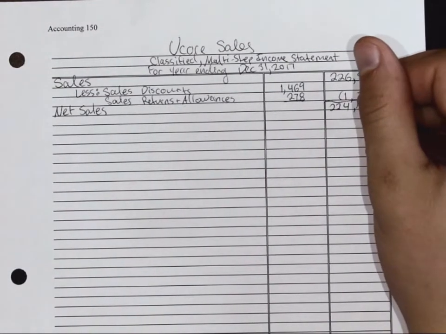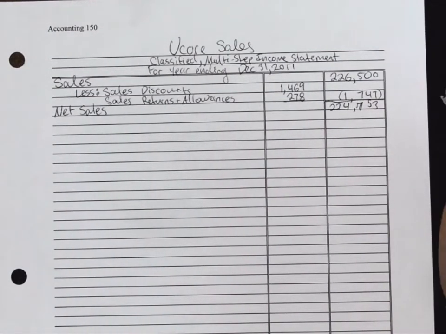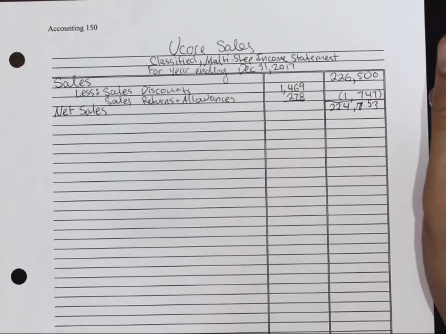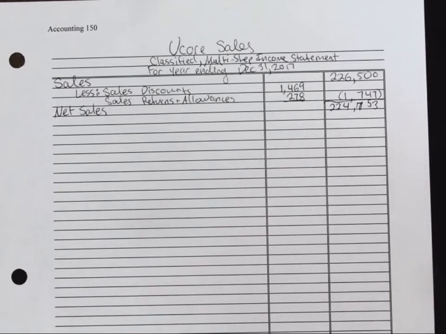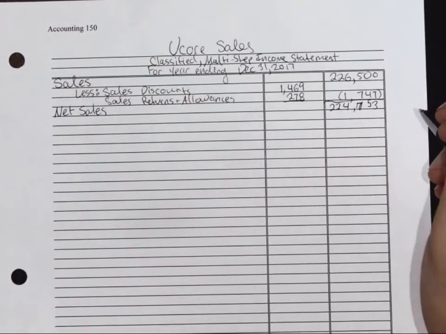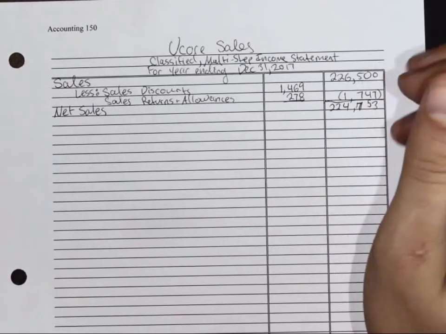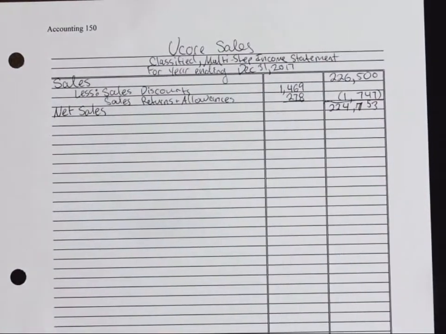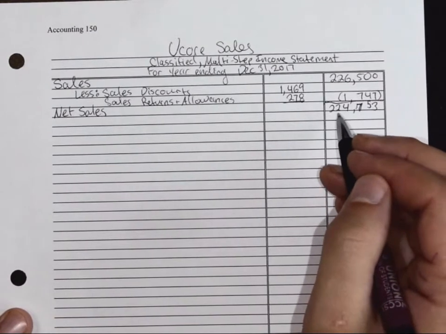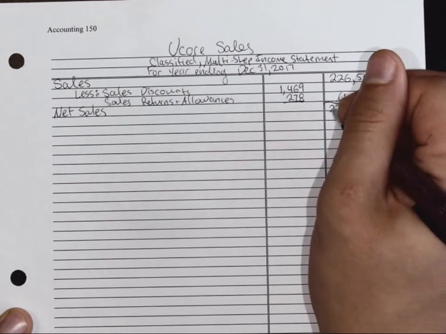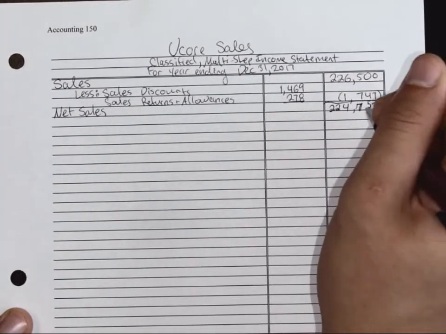So the first account we use after our net sales, when describing our expenses. Oh, the sales returns and allowances is 278. Sorry, is this 224,753?